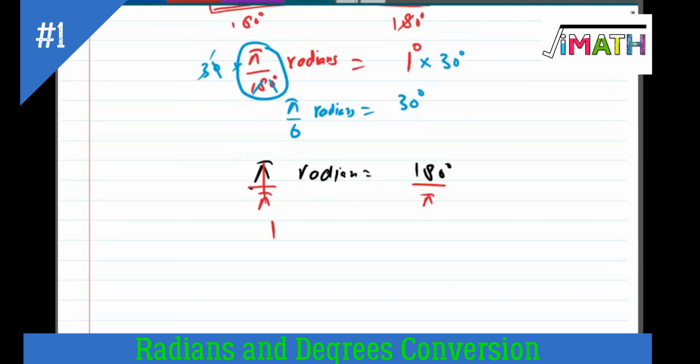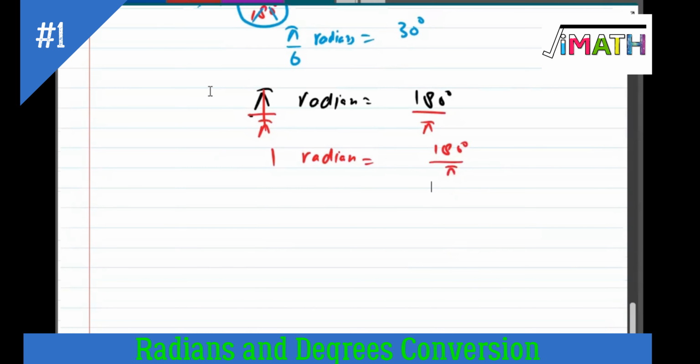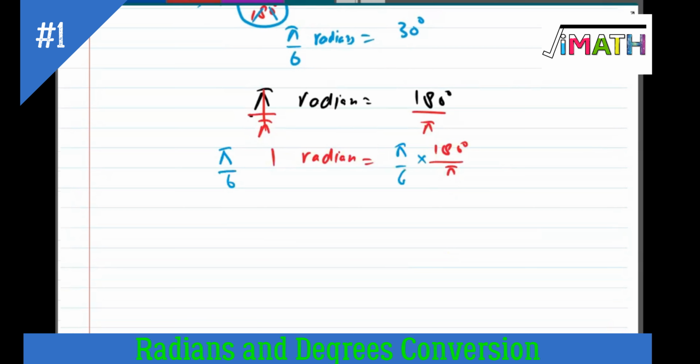This becomes 1 radian equals 180 by pi degrees. And let's say you want to convert pi by 6. So you write pi by 6 on both sides, and you solve it like this. 6 sixes are 36, 6 fives are 30. So pi by 6 radians equals 30 degrees. Are we good here?